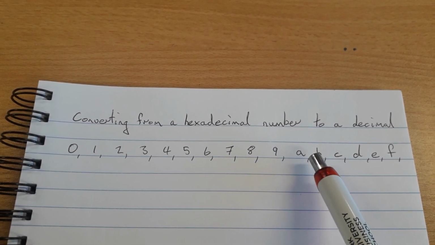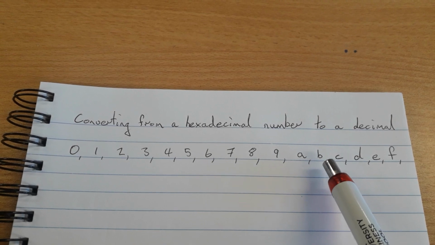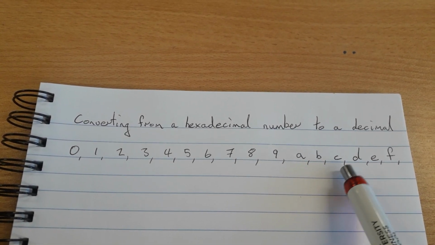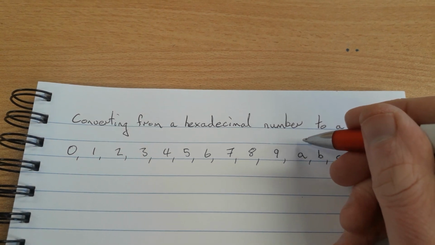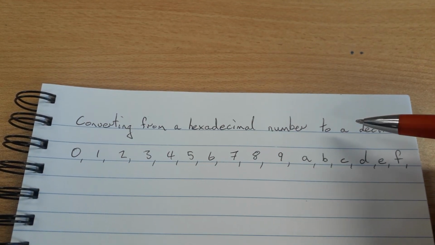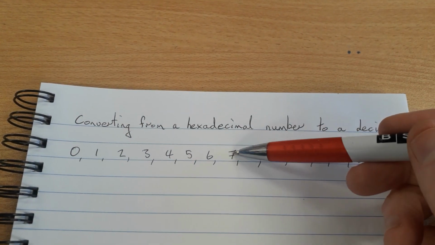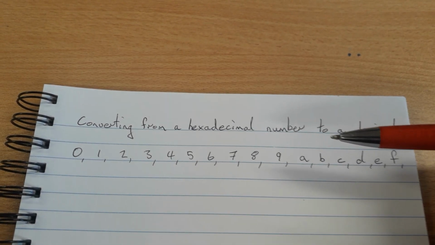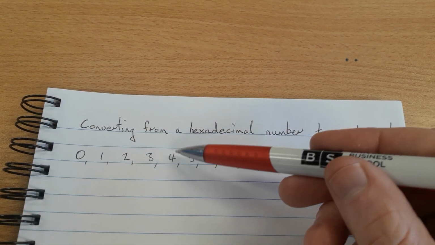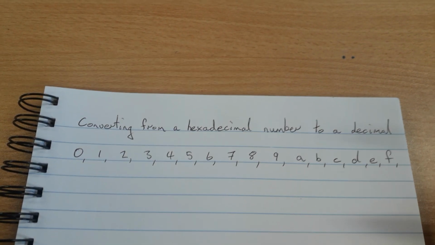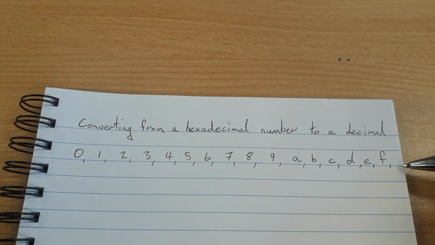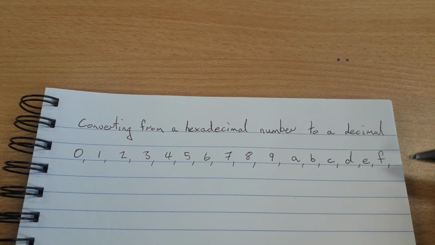So instead of 10, we go A, the equivalent of 10, B, which is 11, C, which is 12, 13, 14, 15. So a hexadecimal number might be 7B8, or D34, or it could be A, B, C, D on its own. So it's any combination of these 16 numbers and letters.